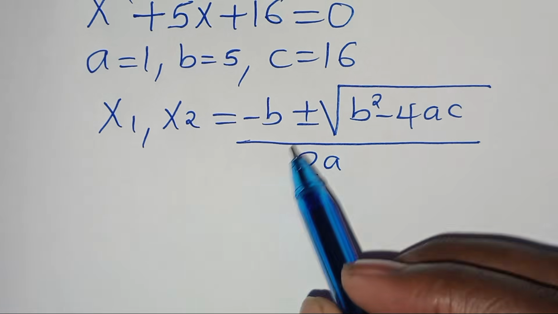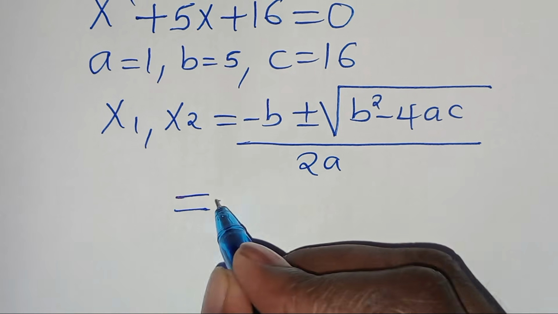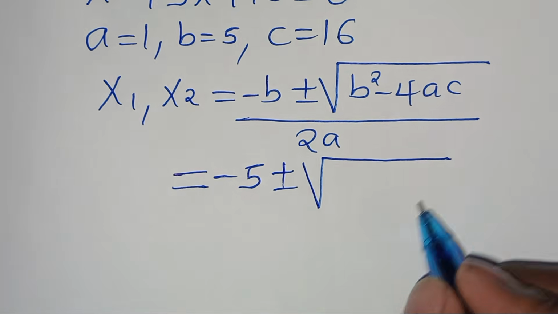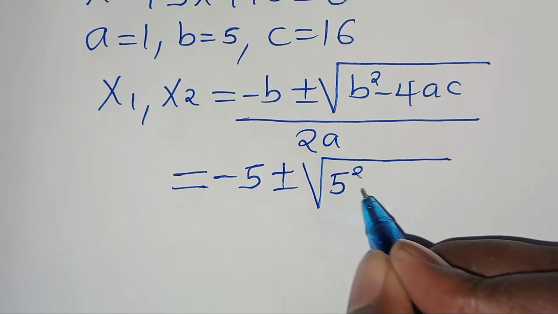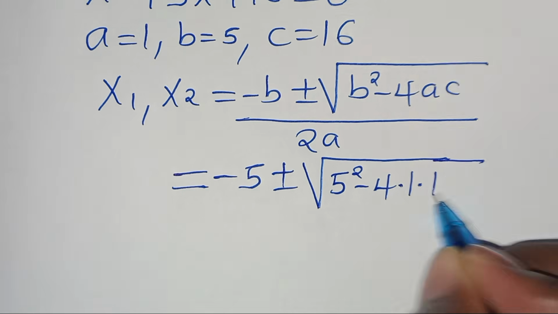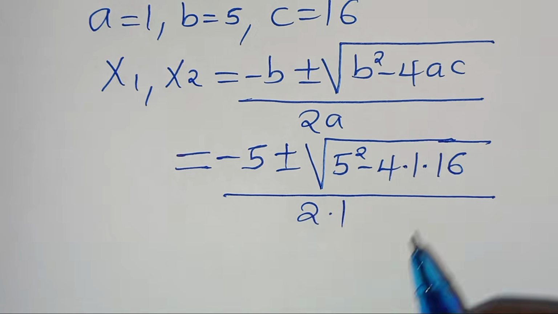Now let's substitute the values of a, b, and c in this formula. This is negative 5 plus or minus the square root of 5 squared minus 4 times a, which is 1, times c, which is 16, everything divided by 2 times 1.